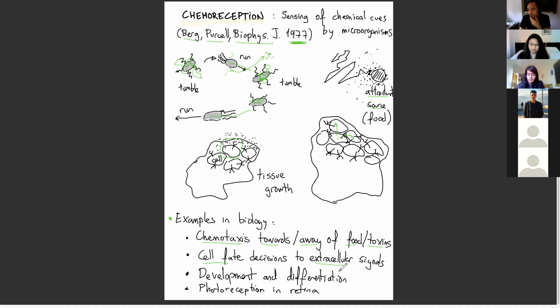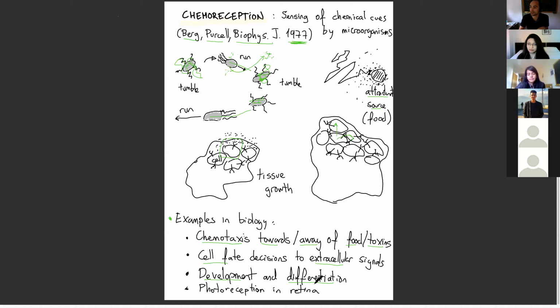For example, stem cells: a stem cell can become different things, a muscle cell, an epithelial cell, and so on. But these cells also sense the environment, and depending on what is happening in the surroundings, they take one decision or another.